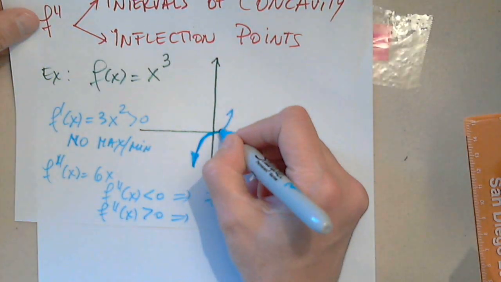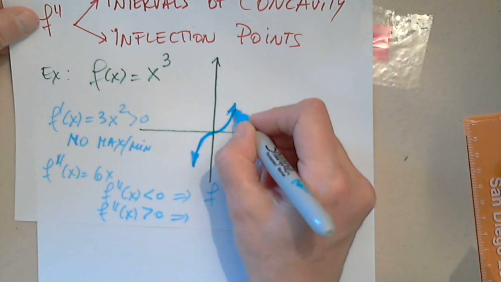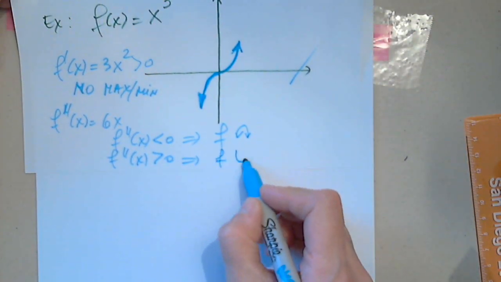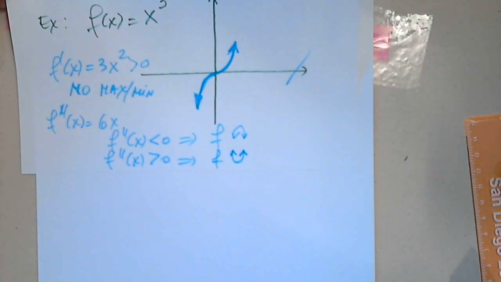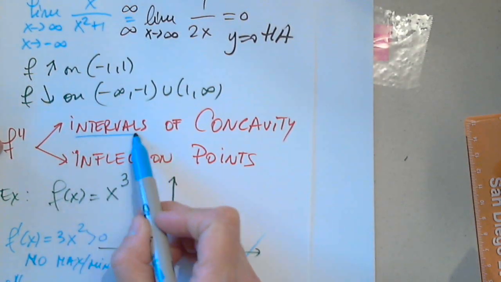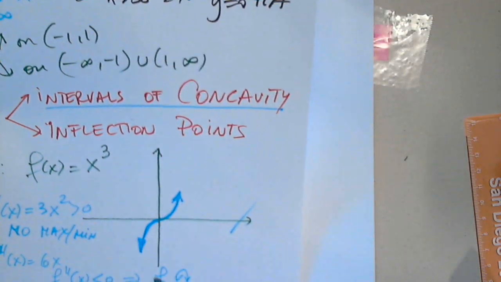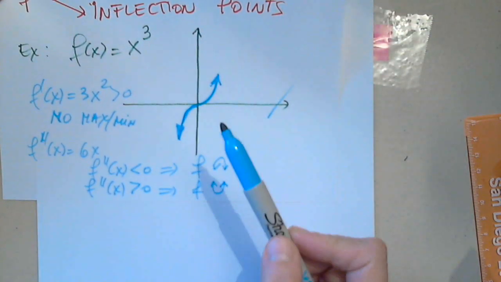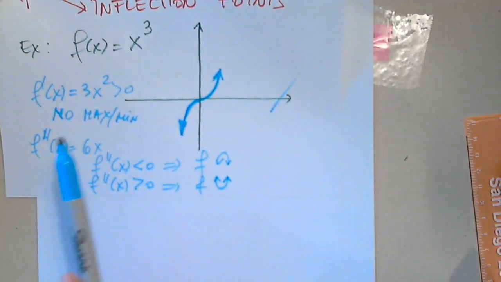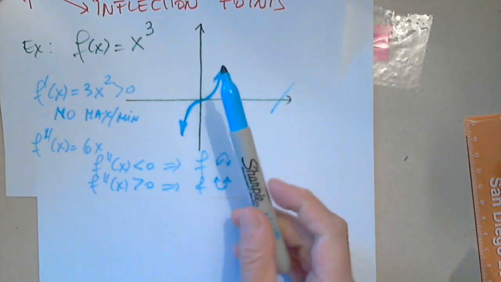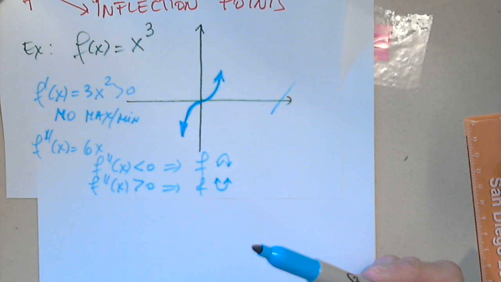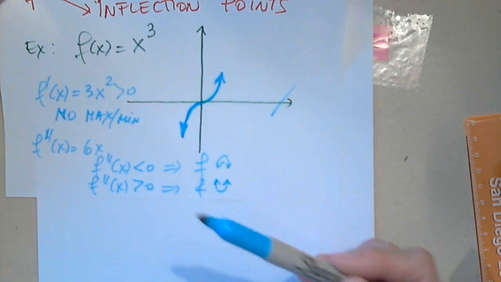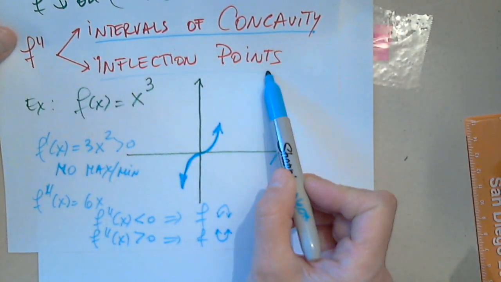You see, the function is concave up. This is what we mean by intervals of concavity. For this function, between 0 and infinity, the function is opening up. For this same function, between negative infinity and 0, the function is opening down. Concave up, concave down.